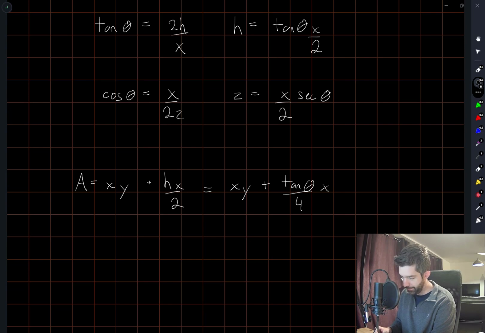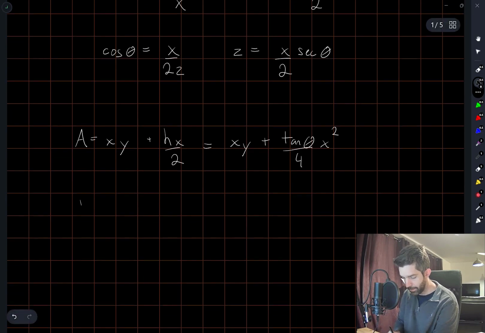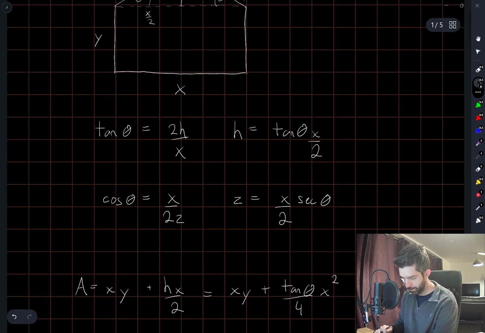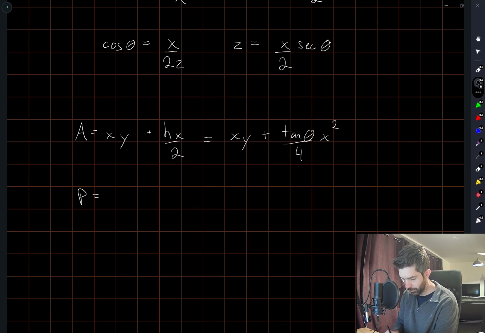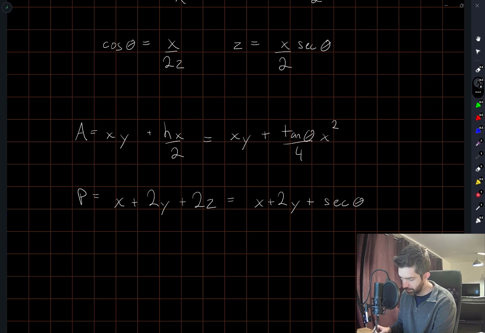So we get that. There's the area in terms of x, y, and theta. And the perimeter is x plus 2y plus 2z. So this is x plus 2y plus secant theta x.